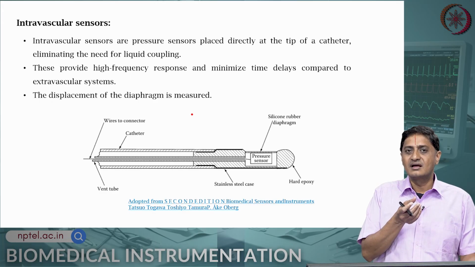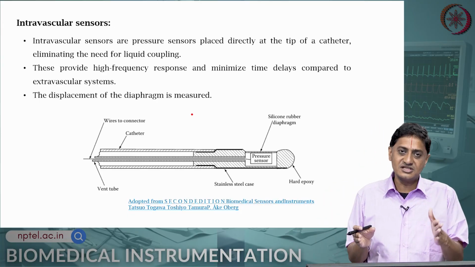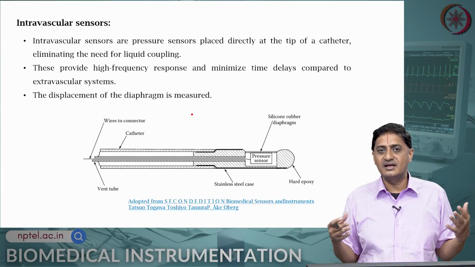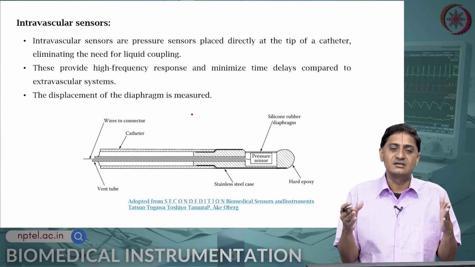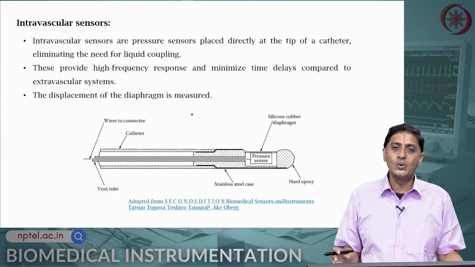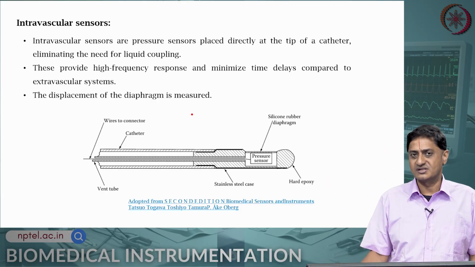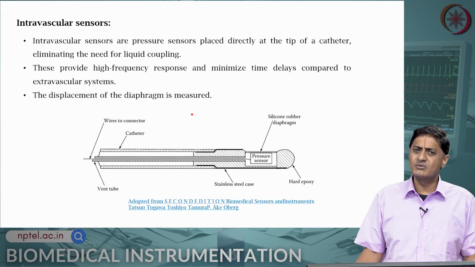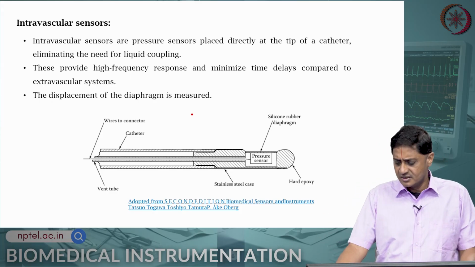Then assuming there is a linear relationship between the change in the pressure and the change in the voltage, all I need is reasonable calibration data that will tell me what is the value of the pressure for a given voltage that I am measuring. And this is usually linear over a relatively large range, or the range of interest.